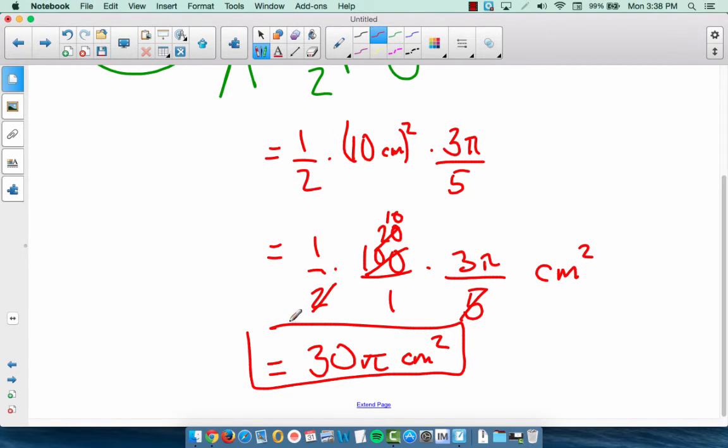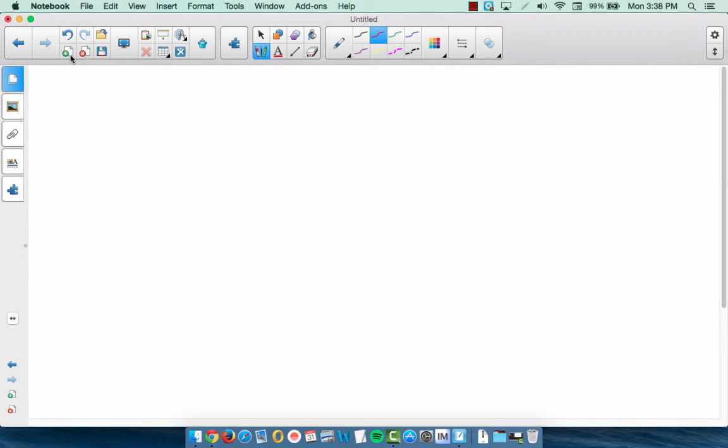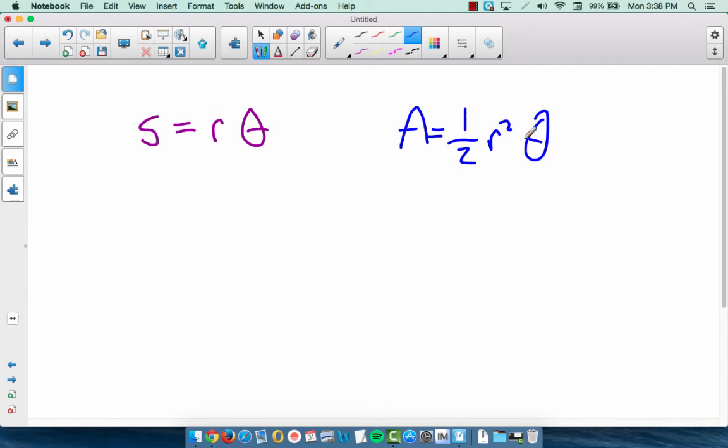Good. We'll practice using those two formulas in class tomorrow. Those two formulas are, first one, S equals r theta. And the other one is A equals 1/2 r squared theta.